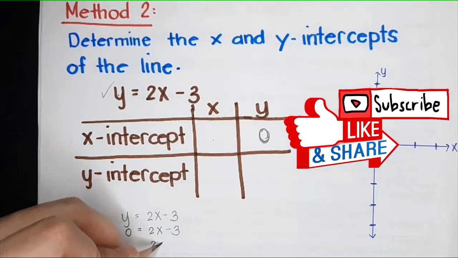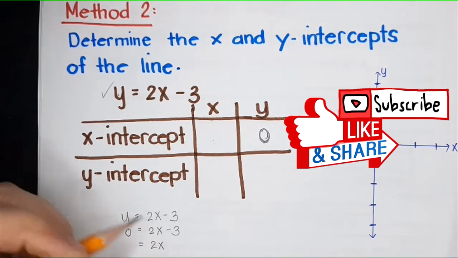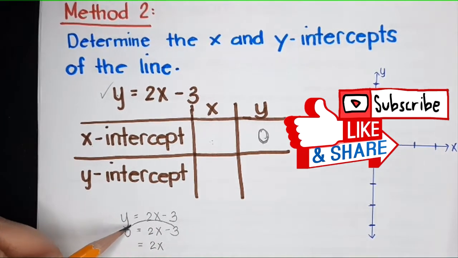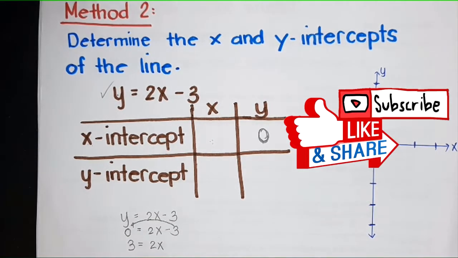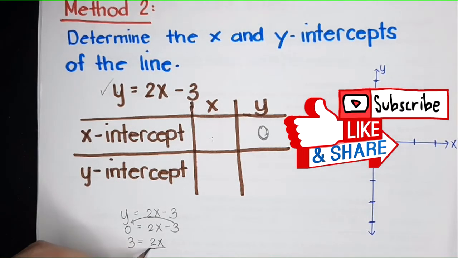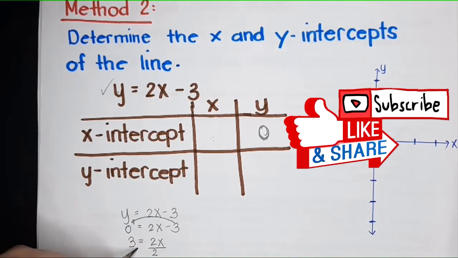So this is 2x equals, I'm going to transpose this to the other side. So I'm going to have positive 3. Right? So to finally get x, we divide both sides by 2. Right? So this will cancel out. So the value of x when y is 0 is 3 halves.